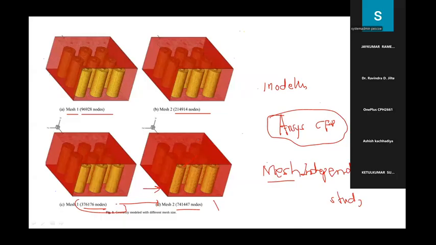That situation is called the mesh independent study. So the very first step required in modeling and simulation or CFD kind of studies is to have one section in the entire article describing the mesh independent study.